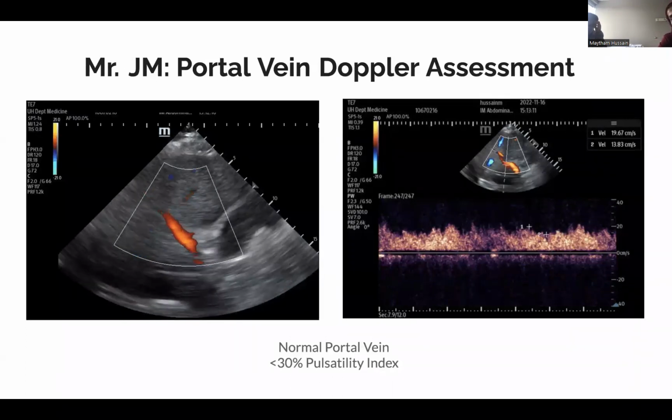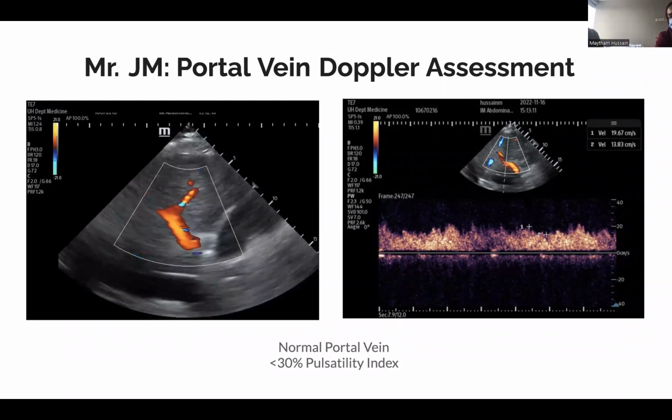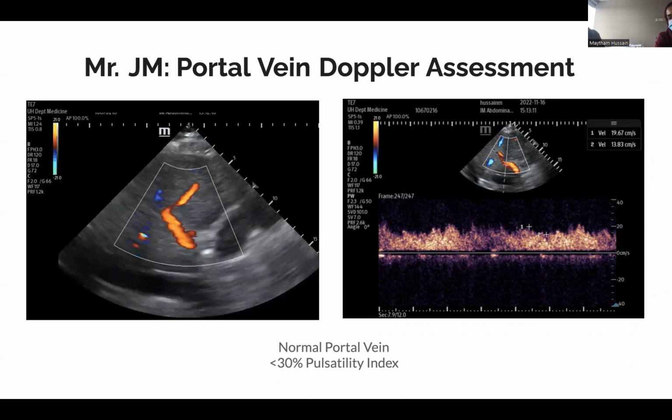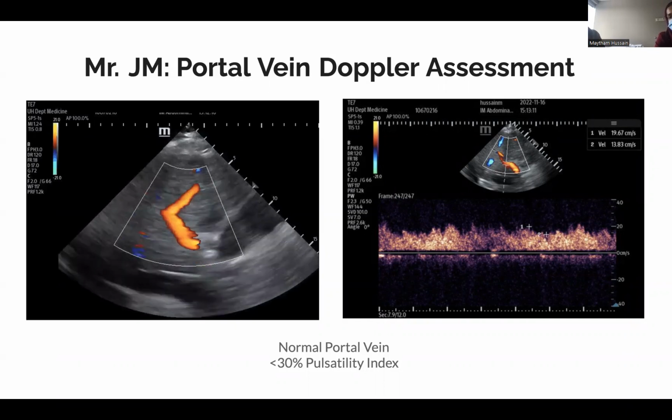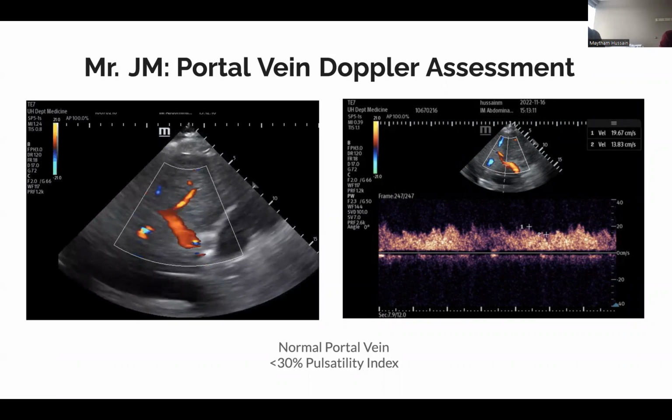Interestingly, we did see that his portal vein pulsatility index was less than 30%. But as Maytham mentioned, in liver cirrhosis, pressures from the right atrium might not transmit due to the liver sinusoids, and therefore you may actually have a normal pulsatility index despite congestion.